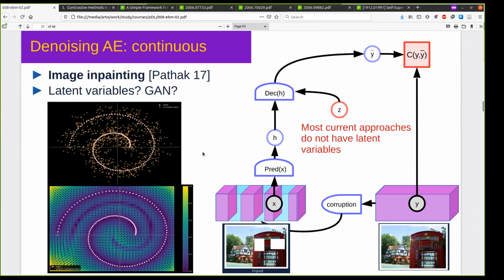So we don't need to consider the full space of possible values for each pixel of this image, right? We already know that it's probably not very natural if this patch is just a black rectangle. We know that here it probably continues to be red, and here it's supposed to be something similar to what we see here.